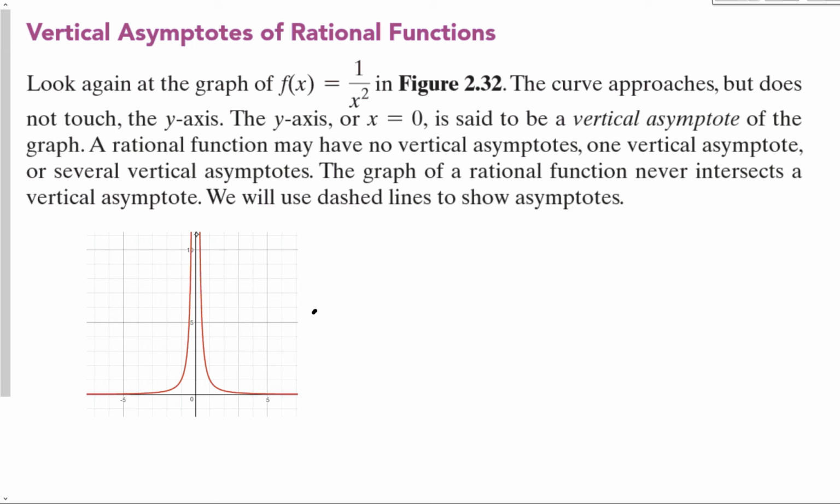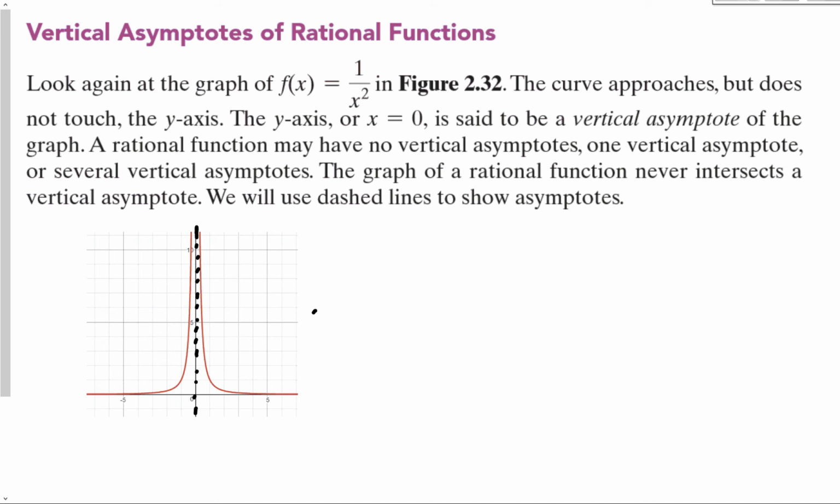No matter how much I expand this graph, it will never touch that dotted line. It is said that the y-axis, or x equals 0, is a vertical asymptote of the graph. A rational function may have no vertical asymptotes, one vertical asymptote, or several. You can have as many as you want.